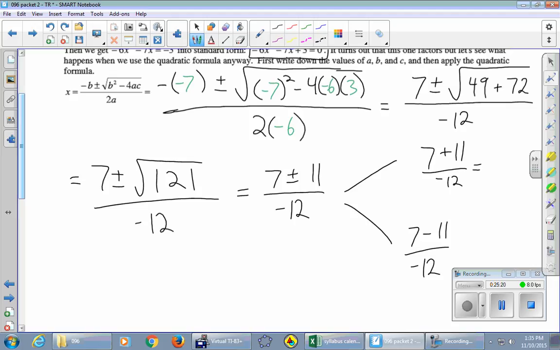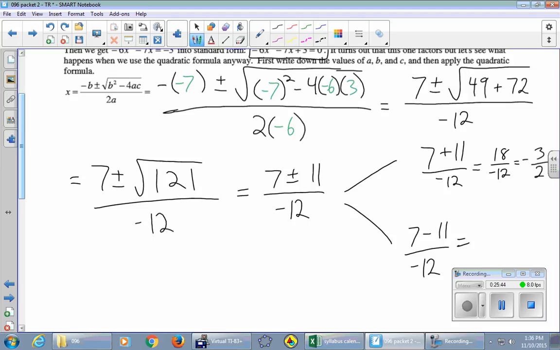Frankly, there's no reason to split into two fractions. Like you could do 7 over negative 12 plus 11 over negative 12, but why? 7 and 11 is just 18. So let's just smush them together. Make 18 over negative 12, which reduces to negative 3/2.